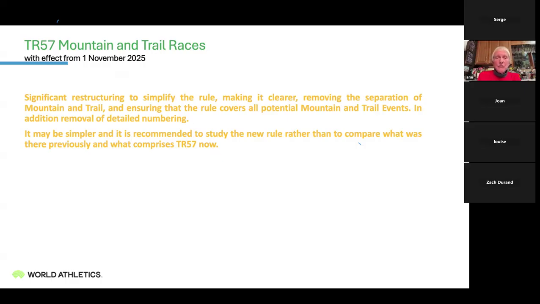In addition, detailed numbering has been removed. It may be simpler, and it is recommended, to study the new rule rather than to compare what was there previously and what comprises TR 57 now. So, just a heads up, if you are involved in mountain and trail races, the rule has been combined.